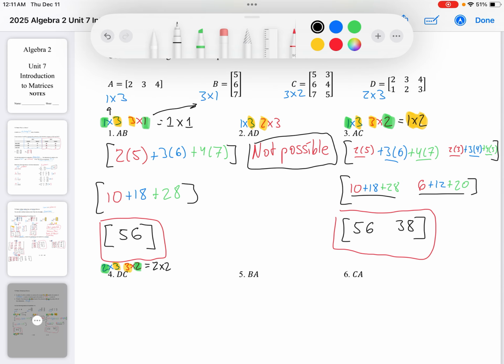Okay. So going through these, we will start with matrix D. That's the one we have first. And so we will start with the first number from matrix D times that first number from matrix C. And so our matrix will start with 2 times 5.